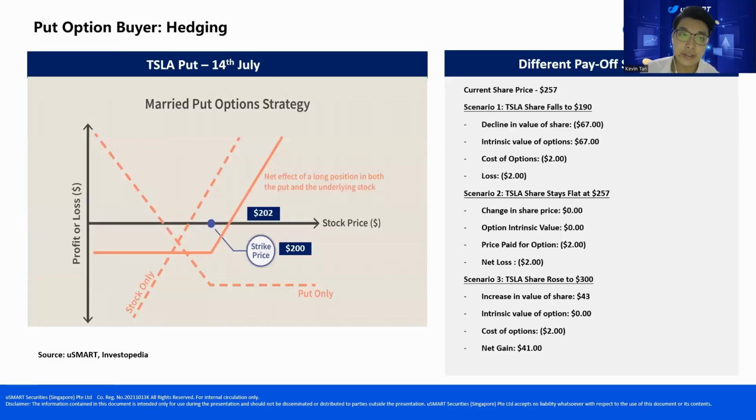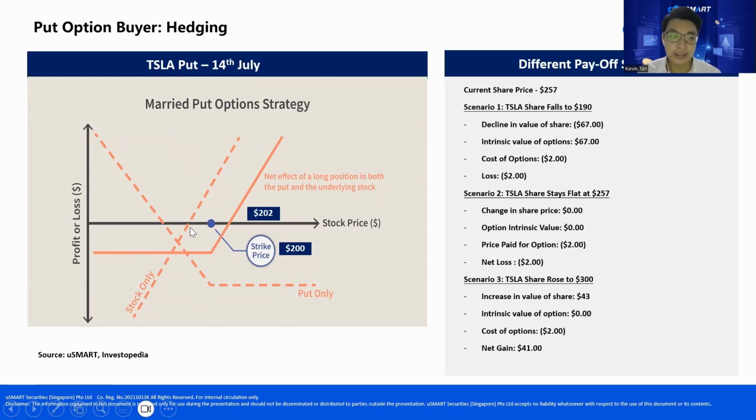Now, I would like to share with you a payoff diagram that explains how it works, how it helps you hedge against a price decline, and how it helps you preserve your portfolio value. Just assume that this is what we call the married put option strategy. It looks very complicated, with various things moving at the same time, but I'll go through them one by one.